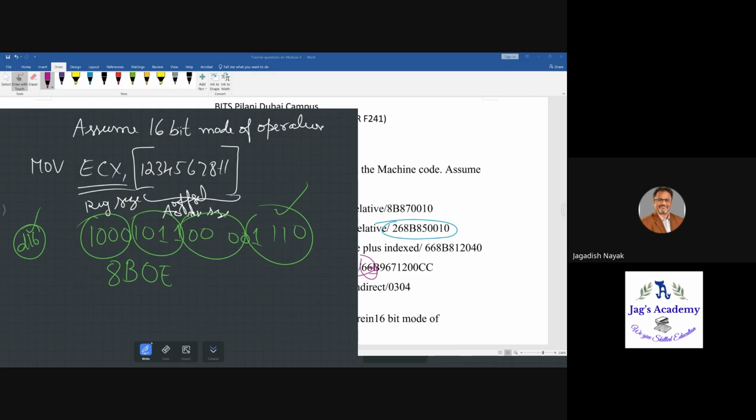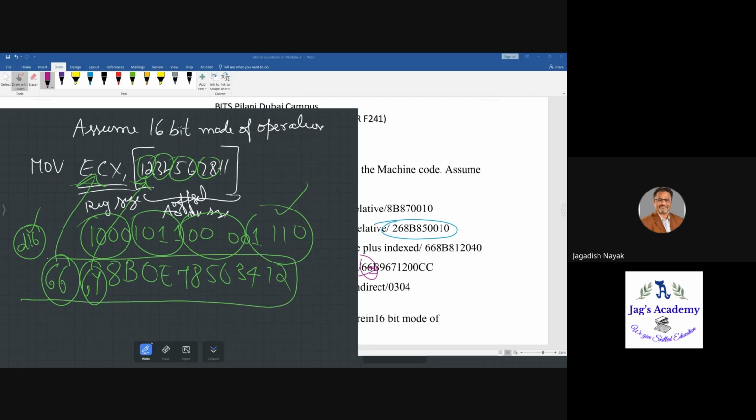Then you have to put this offset displacement 78, 56, 34, and 12. Now, which prefixes do you have to put? 66 for register size violation, 67 for offset address size violation. So your complete machine instruction is going to be this one, for 16-bit mode of operation.